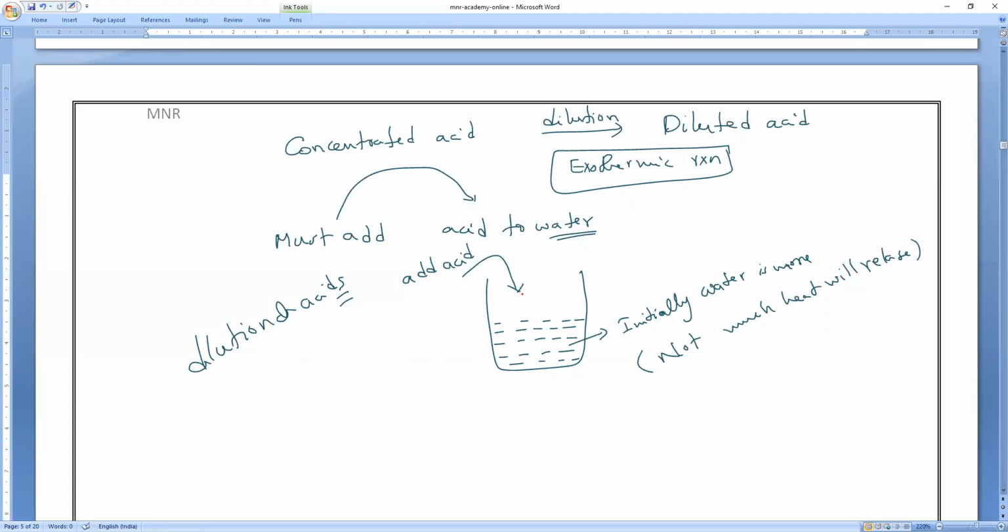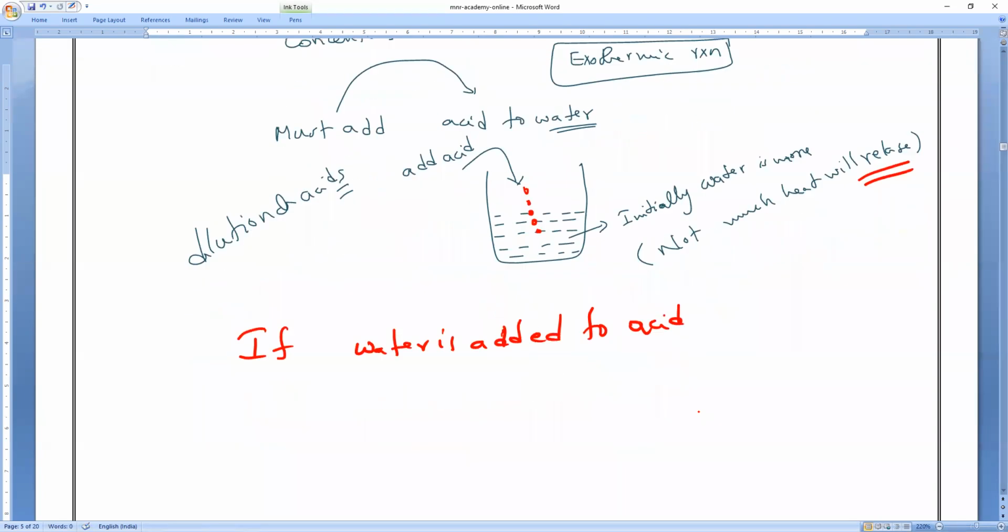The initial concentration of water is high, so not much heat energy will be released. If water is added to acid, what will happen? It will explode, or extremely high temperature will be released.